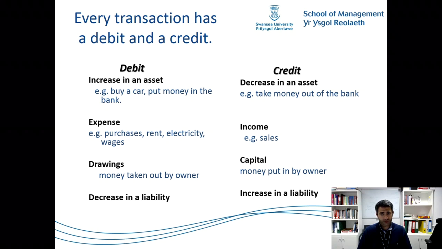True? Yeah. An increase in an asset should be recorded on the debit side. So this means a decrease in liability should be recorded on the debit side, opposite of each other. When you say decrease in liability, what do I mean by this? Very simple, something decreases the liability. How can you decrease the liability?